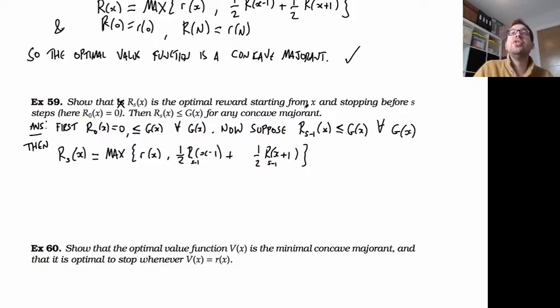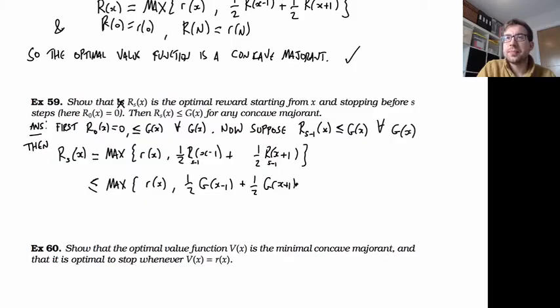We've assumed now that r of s minus 1 is less than g of x, so each of these terms is less than g of x. So it's less than the max of little r of x and a half g of x minus 1 plus a half g of x plus 1.